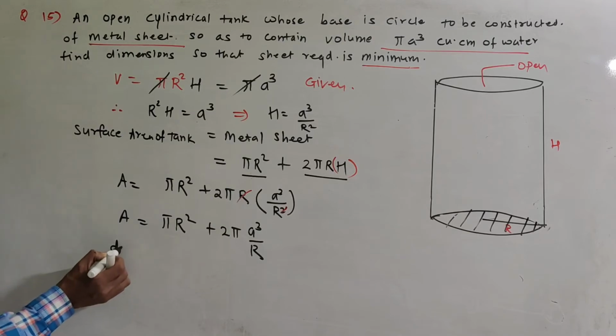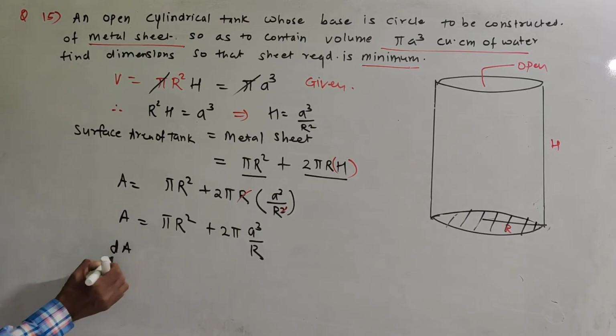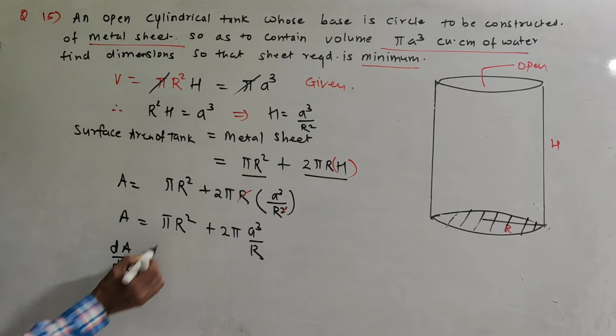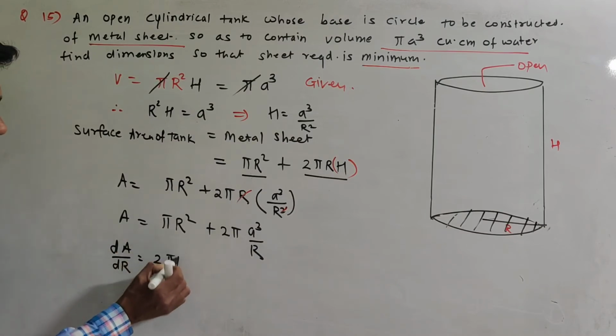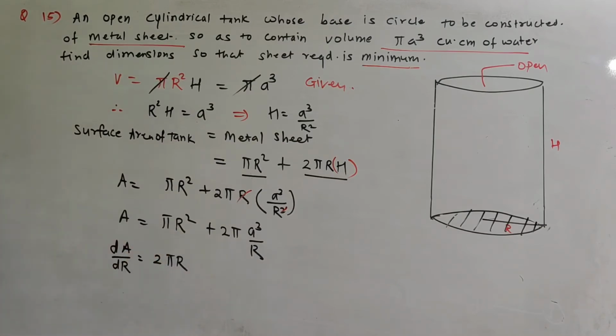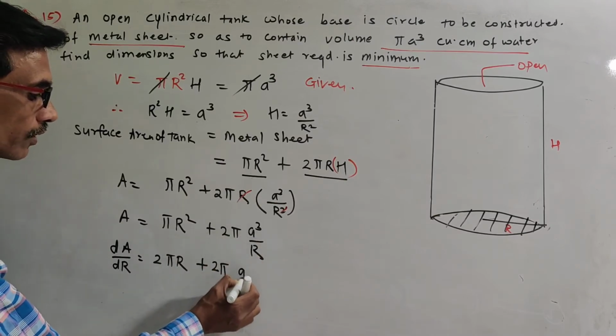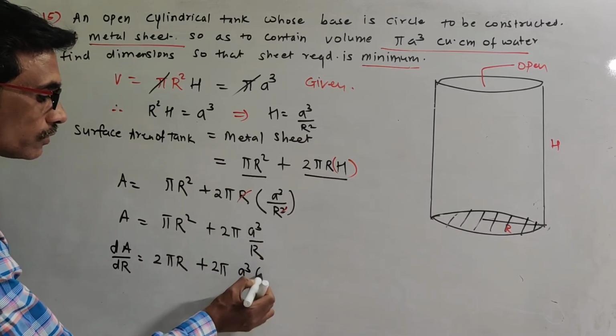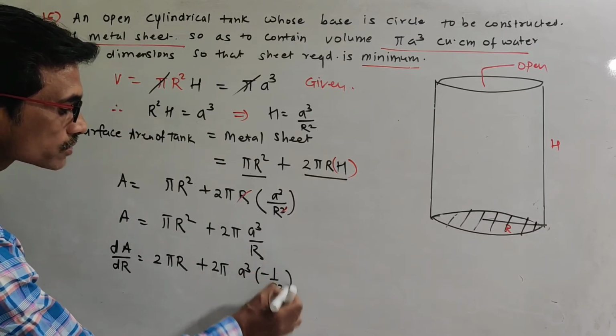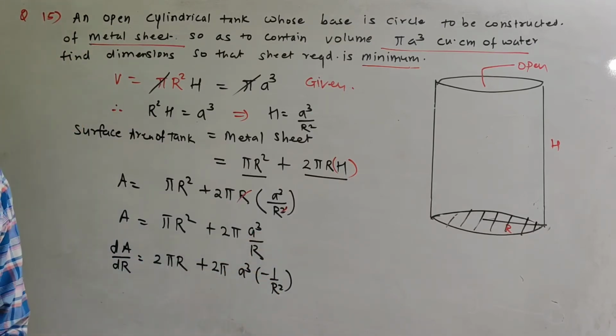So find the derivative dA by dr with respect to r: 2 pi r is the derivative of the first term, and the derivative of the second will be a cube into minus 1 upon r square, since the derivative of 1 upon r is minus 1 upon r square.